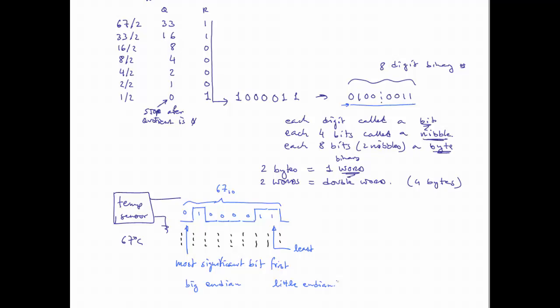Are you going to store it in the order where the most significant bit is stored at the higher address or at the lower address? Anyway, that's well beyond what we're doing here, but if you ever hear those terms, big endian, little endian, it has to do with ordering. Big bad things would happen if you saw the number 67 and I meant 6 10s and 7 1s, but you read it as 6 1s and 7 10s, and the corresponding mix-up in a binary representation would not work.